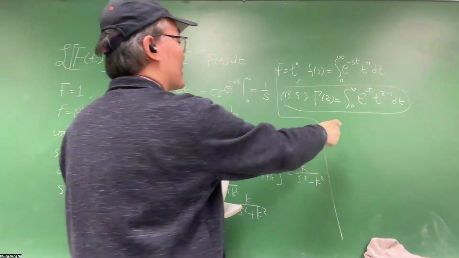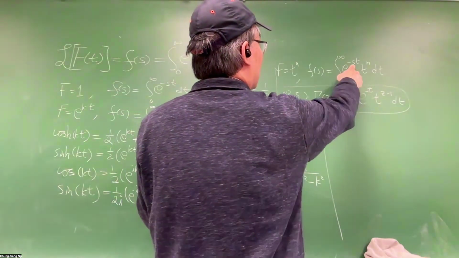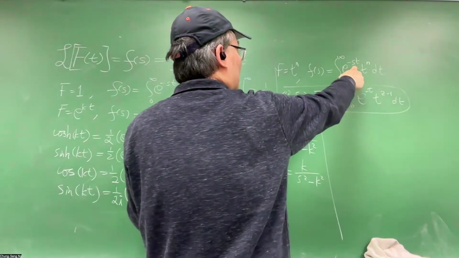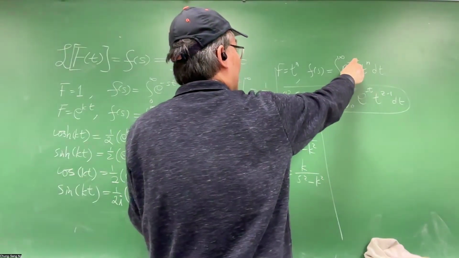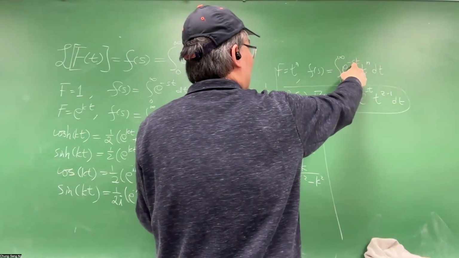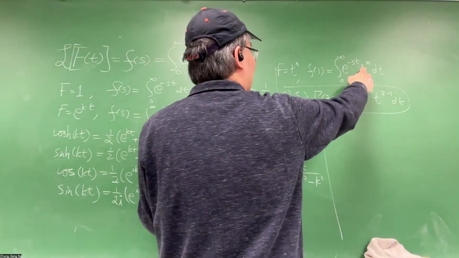So you can see the similarities. You have an exponential function and a power function. All you need to do to get the gamma function is define this as t prime.